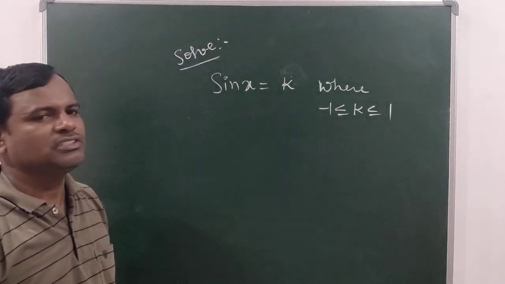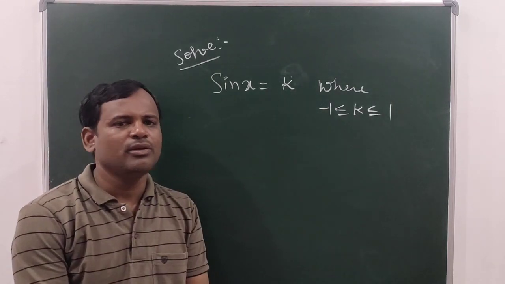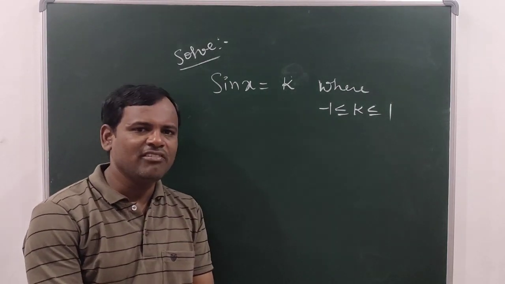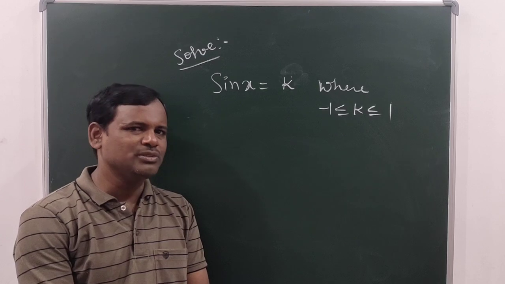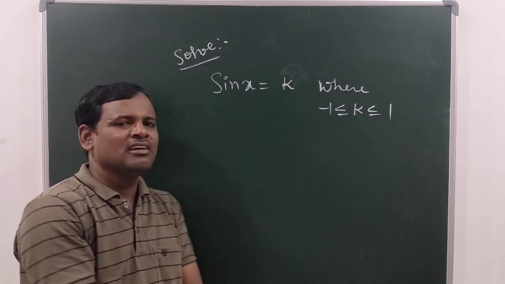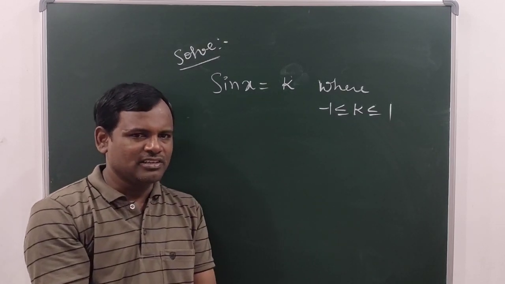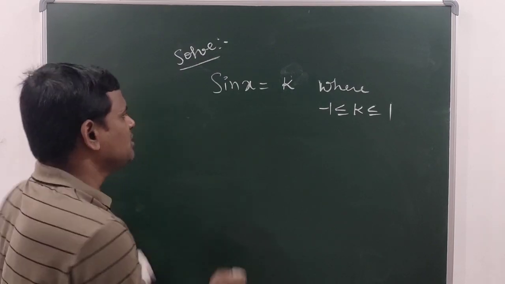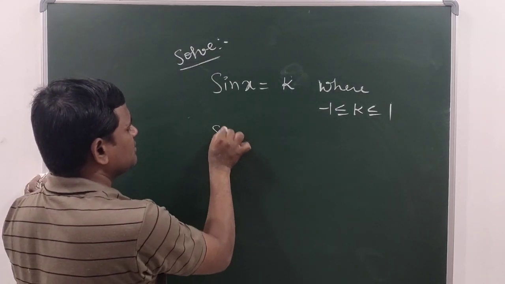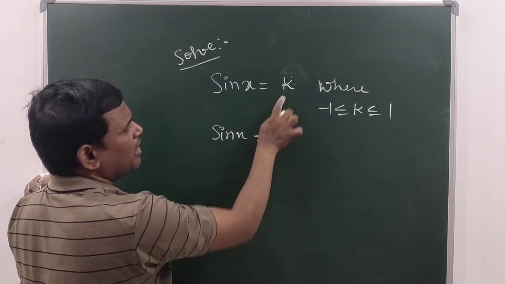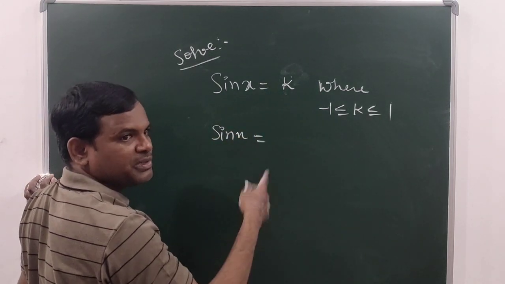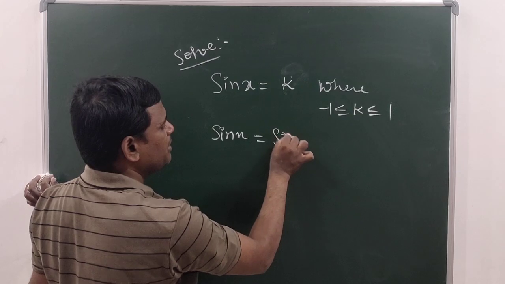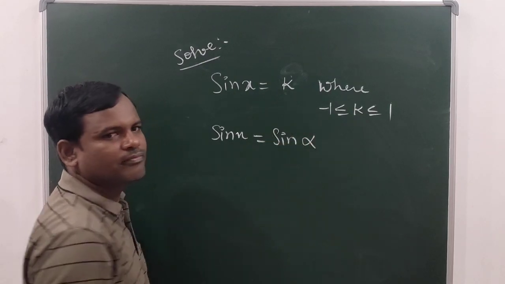How do you solve this trigonometric equation? It is an equation involving trigonometric ratios, hence it is called a trigonometric equation. Now solve it. How do we solve this sin x equal to k? You have to express this k in terms of sin. Let it be sin alpha.